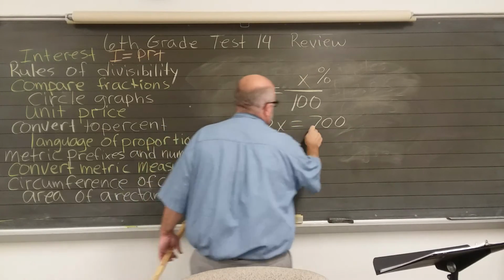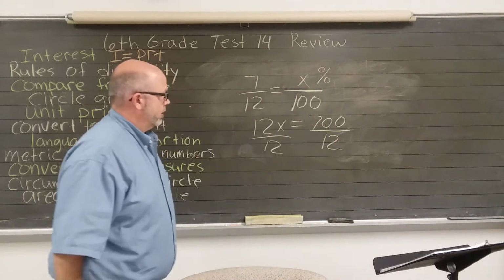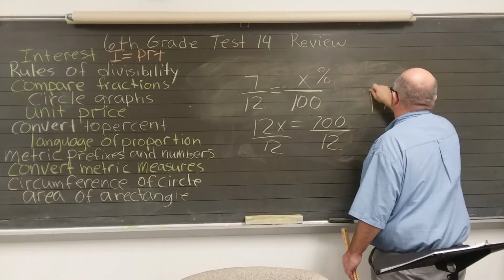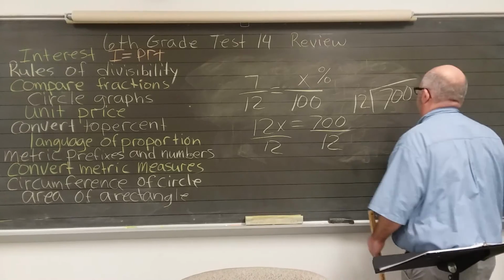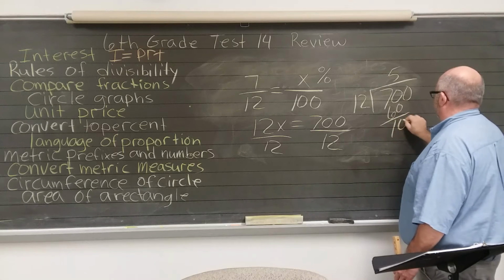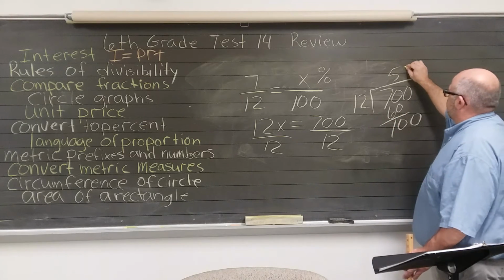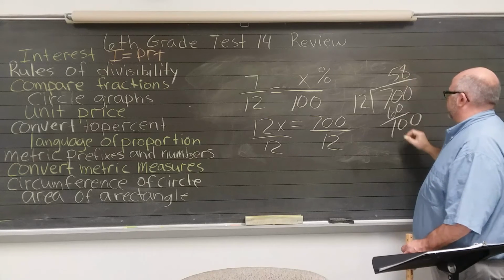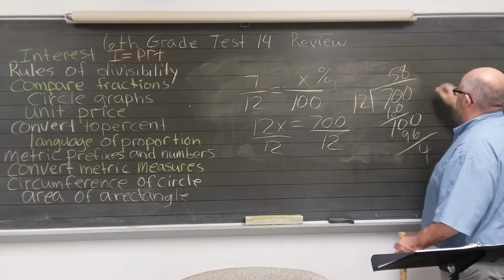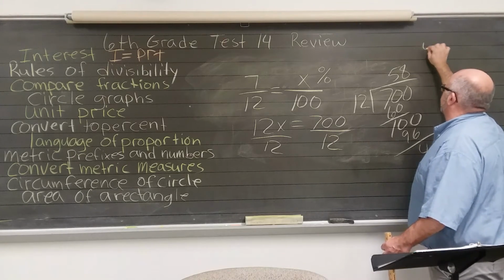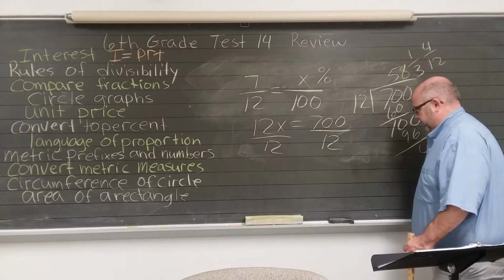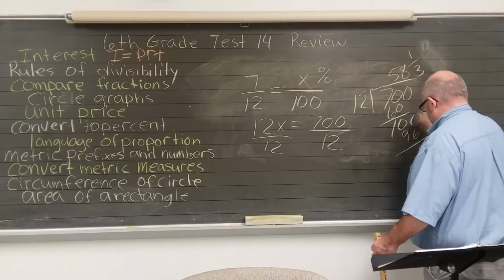Divided by 12, divided by 12, right? 700 divided by 12 is what? 12 into 70 would be 5, which is 60. 12 into 100 would be 8, which is 96. 4, if you get a remainder, make it a fraction, 4/12, which you reduce to 1/3, right? 4/12 reduces to 1/3, and don't forget to put percent.